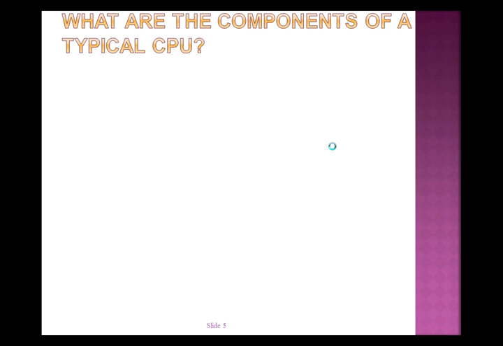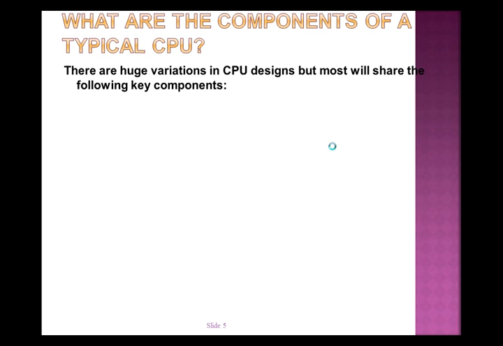This is the modern CPU design showing the pins that are used to connect with the motherboard. Now, what are the components of a typical CPU? These are the components that are common to every CPU, but every CPU design is different from architecture to architecture. Then, what are the common elements?